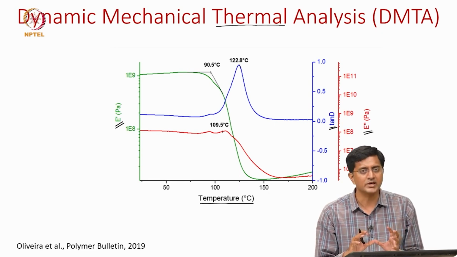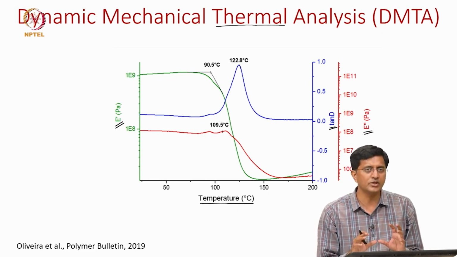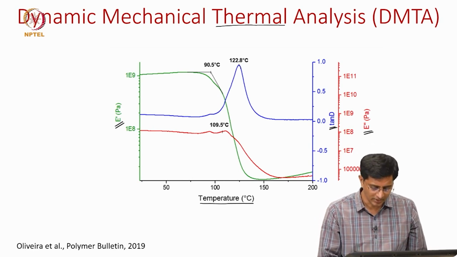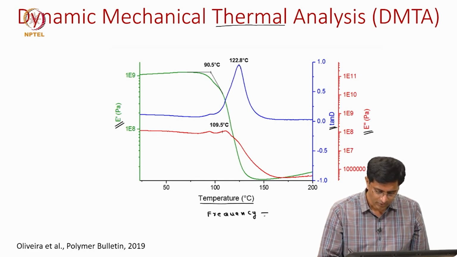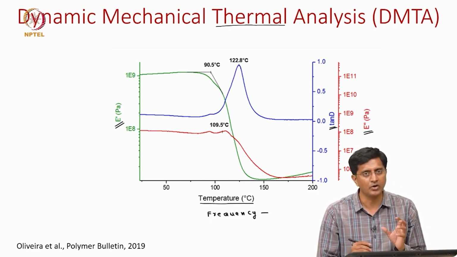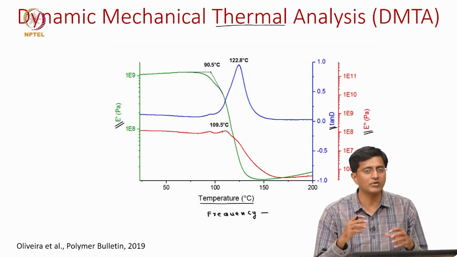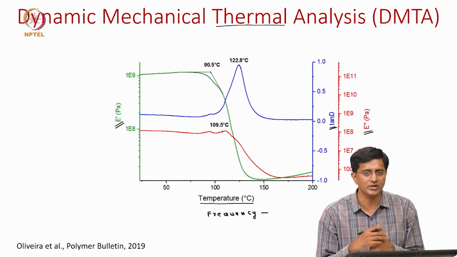Now, let us try and see how this is similar to what we have seen earlier. Earlier the x axis was frequency. The frequency was going from a low value to a high value, and we were looking at how the modulus values vary with frequency.